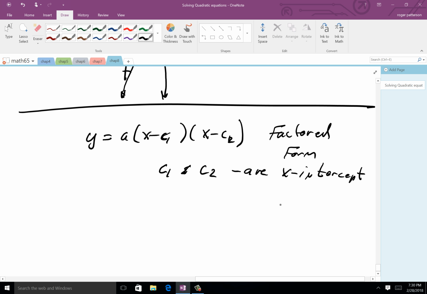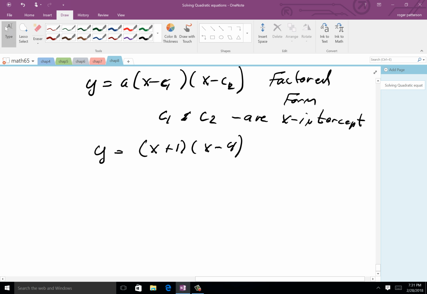So you can graph these ones too without using Desmos. I look at this. Let's see. I got one like that, like that, like that. So I'm going to go -1. There's one x-intercept. 1, 2, 3, 4. There's another x-intercept.